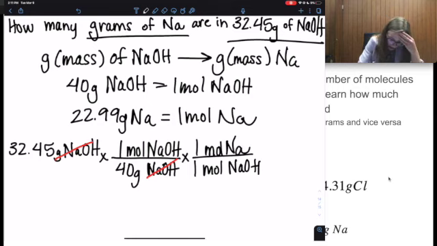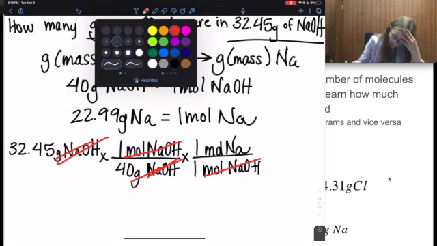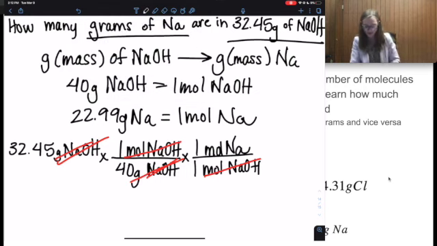Let's triple check our units. Grams of sodium hydroxide on the top and bottom cancel out. Moles of sodium hydroxide on the top and bottom cancel out. We are now in terms of just sodium atoms, so we've got 1 mole of sodium atoms.